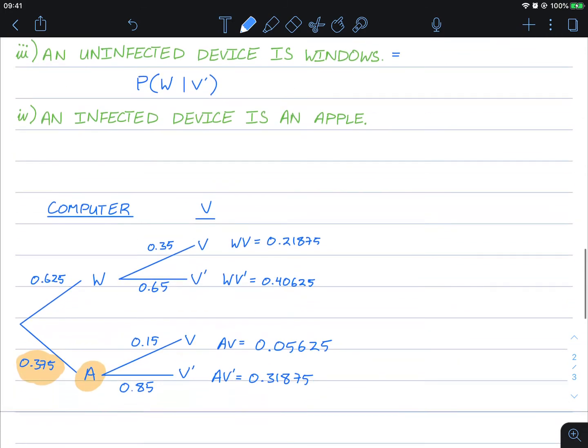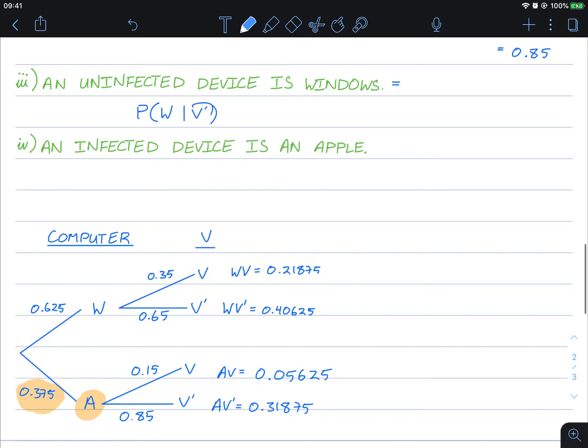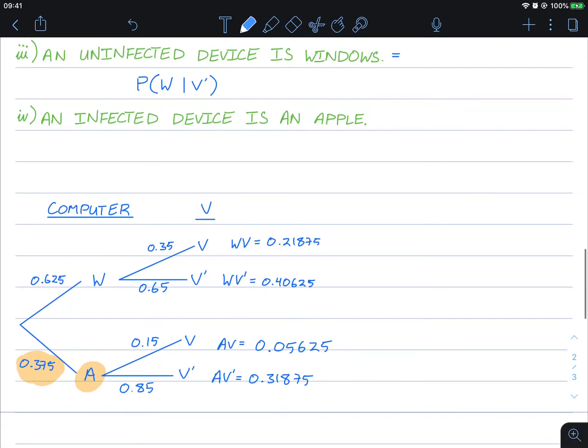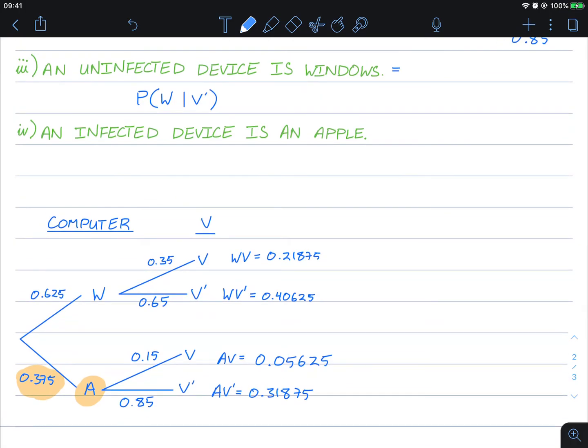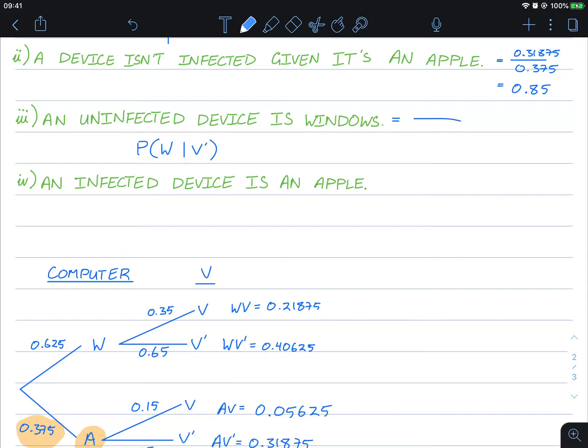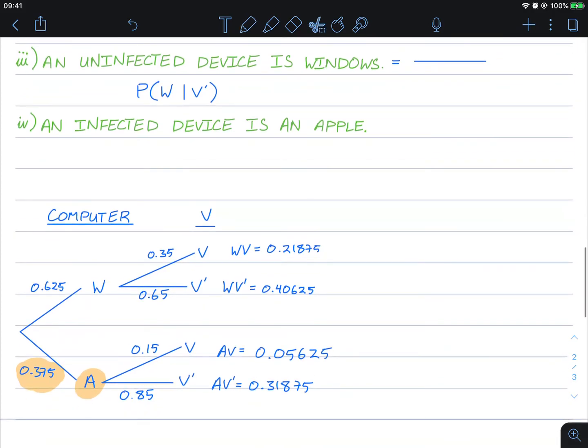Now here's where it gets slightly trickier. All of those with V prime is this probability and this probability. So our sample space is the total of these two. So what we put this over is going to be this one plus this one.